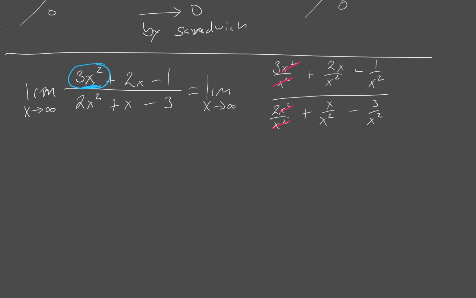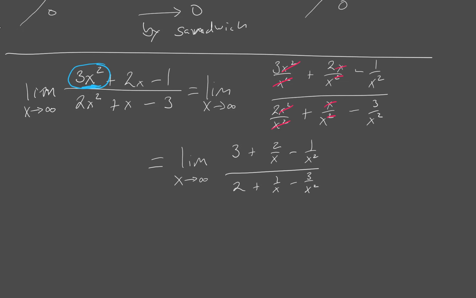I'd be able to cancel this one with one of those, that one with one of those, and that's all that we can cancel. So this looks like the limit as x goes to infinity of 3 plus 2 over x minus 1 over x squared, divided by 2 plus 1 over x minus 3 over x squared.